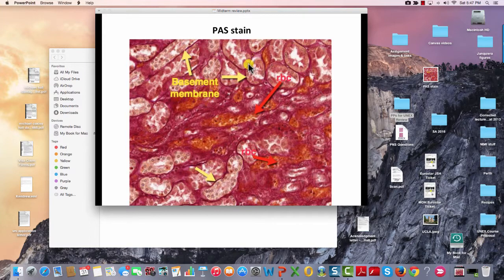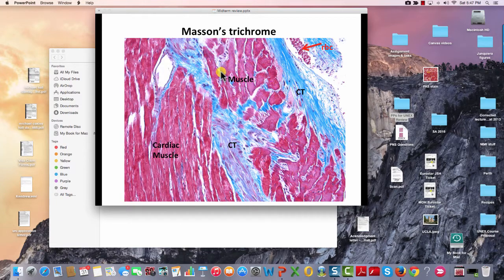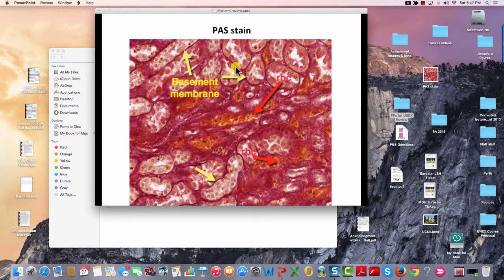As you can see in this section taken from the kidney, the basement membranes, the basal laminas surrounding the epithelial cells, surrounding these tubes which are lined by epithelial cells, are stained very red, as is other types of connective tissue within the kidney, and it stains red blood cells this yellowy orange color.